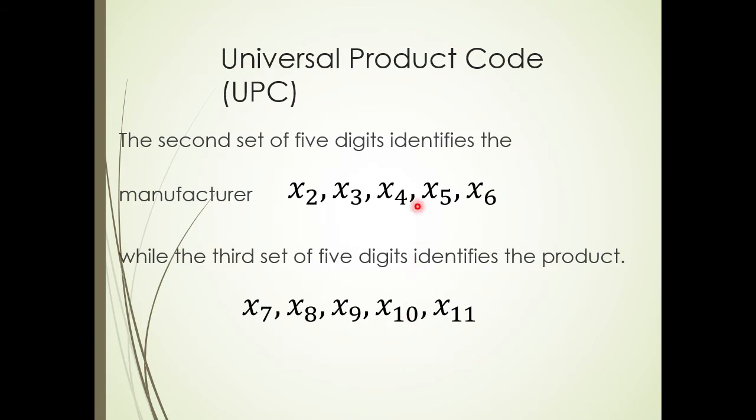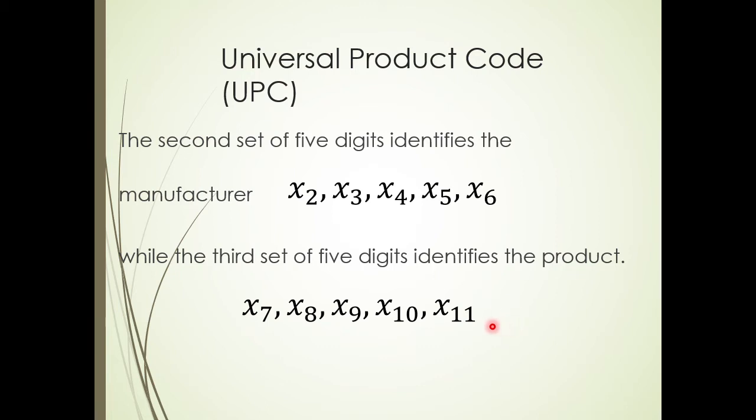Now, the next five digits, x2 up to x6, identify the manufacturer of the product. So companies have these five-digit labels, and then the next five digits, x7 until x11, identify the product.